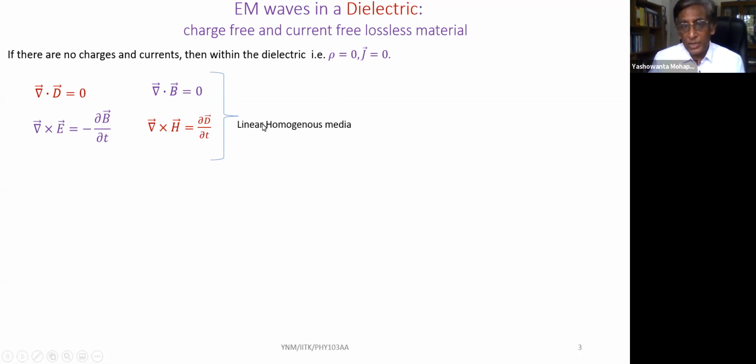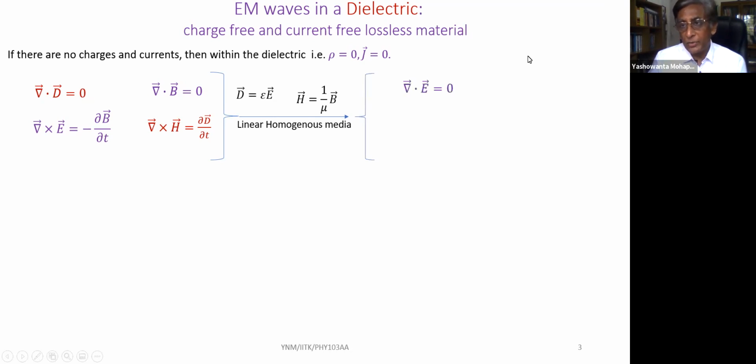Now, if I assume a linear homogeneous medium that I am dealing with, then D is epsilon E, and remember this epsilon is now the material's dielectric constant and not epsilon naught. And H is B by mu, where mu is the permeability of the dielectric.